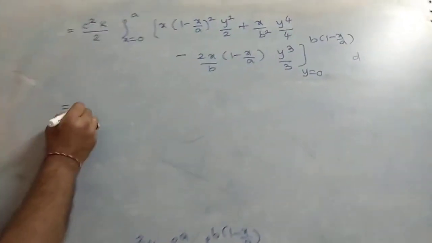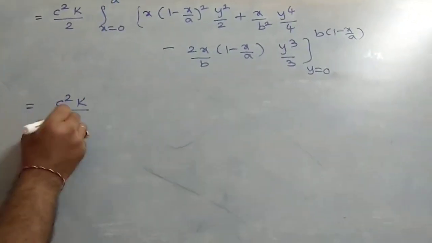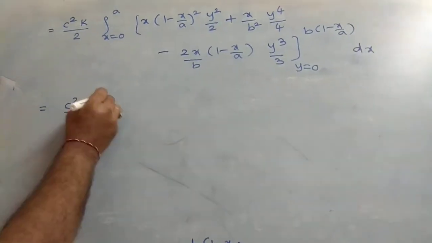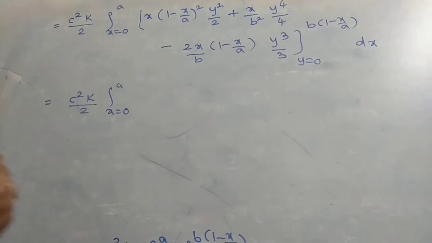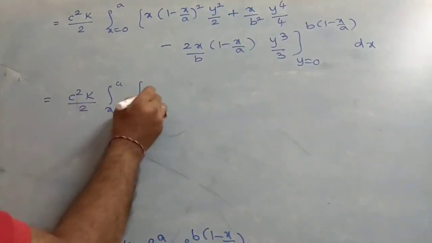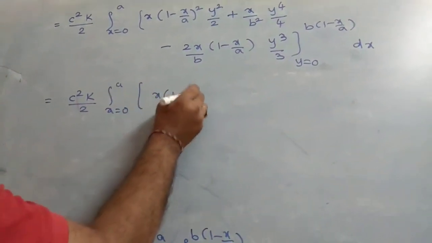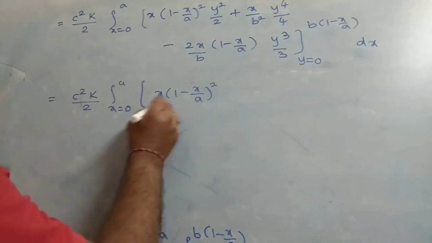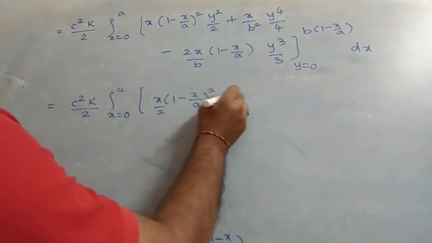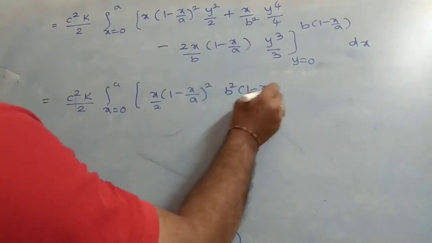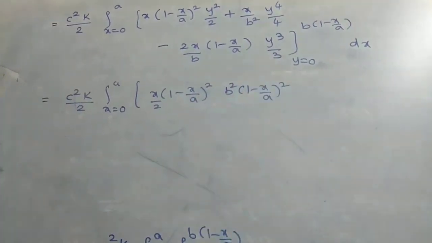Now this is equal to c square into k by 2 and x integral 0 to a as it is, substituting your upper limit. So upper limit means x into (1 minus x by a) whole square and by 2 as it is. Y square is nothing but b square into (1 minus x by a) whole square.